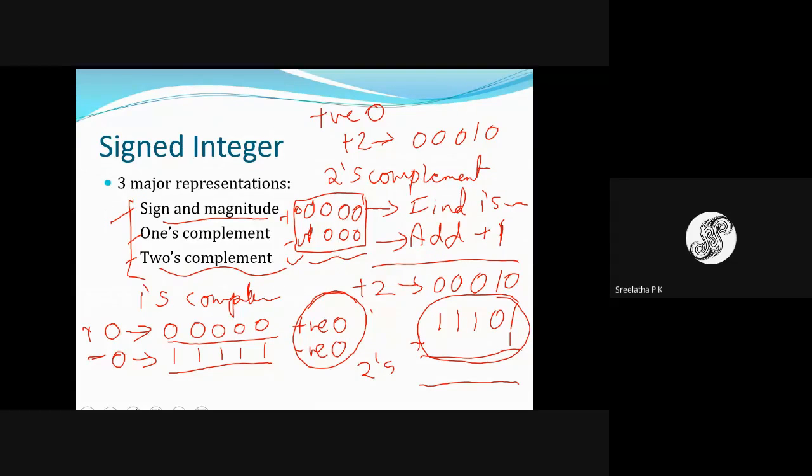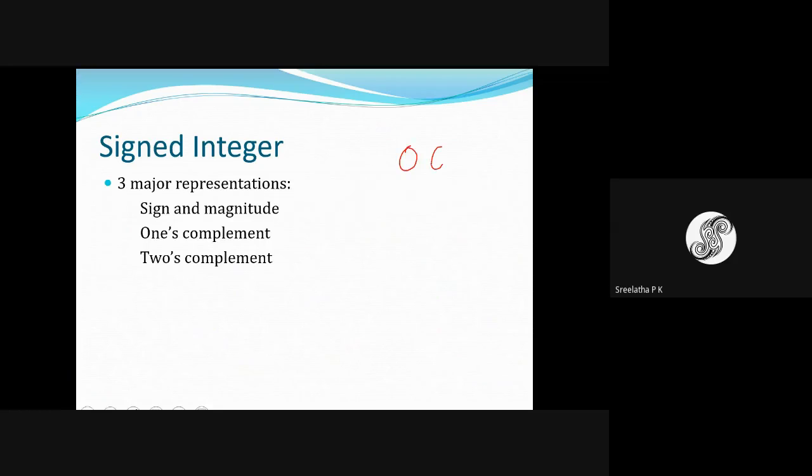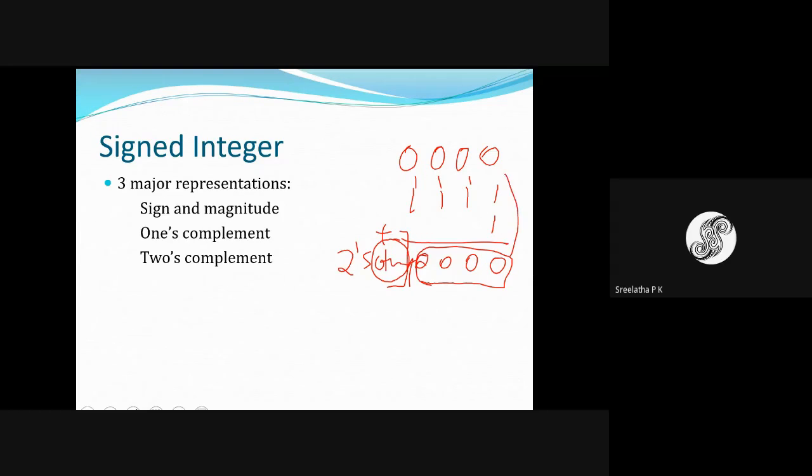If I check, 1's complement plus 1, you get zeros only. The last bit is discarded actually during addition. We'll see that later. So you don't have 2 zeros. There is only positive 0.